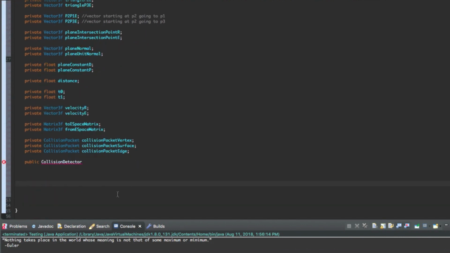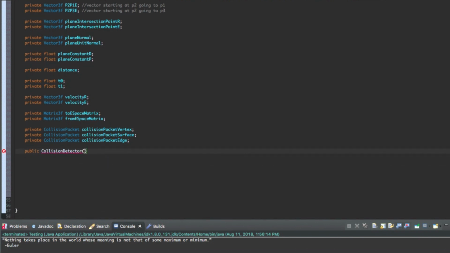So we now will need a constructor for our collision detector so we can actually use this within our game loop. This is going to take in a Vector3f position and a Vector3f velocity. We're going to need the points of the triangle, and so these are Vector3fs P1, P2, and P3.